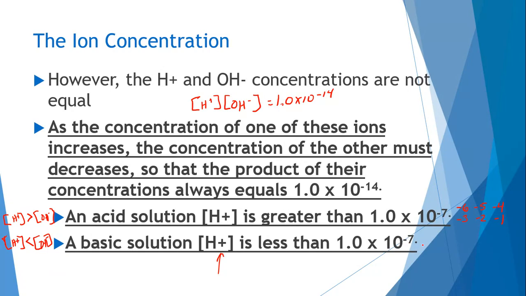When I say negative 7 and things that are less than it, that means you're looking for exponents like negative 8 or negative 9, negative 10, negative 11, negative 12, negative 13, and negative 14. You will not have anything that is less than negative 14, so you can't have negative 15 or anything like that.